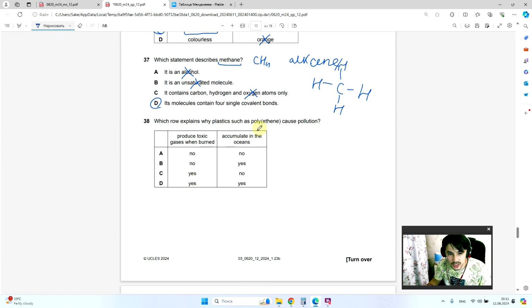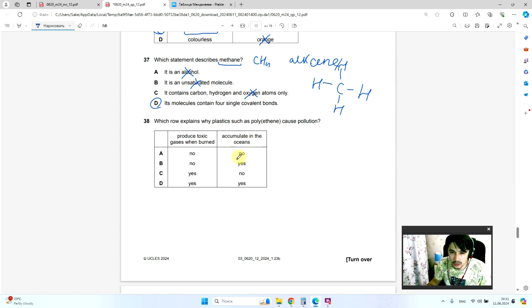Which row explains why plastics such as polyethylene cause pollution? Alright, so this is related to polymers. So why do plastics cause pollution? For polyethylene, you need to consider its combustion reactions. Do they produce any toxic gases, and do they accumulate in oceans or not?